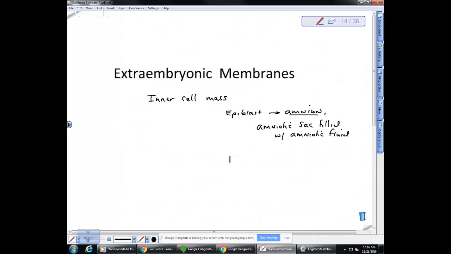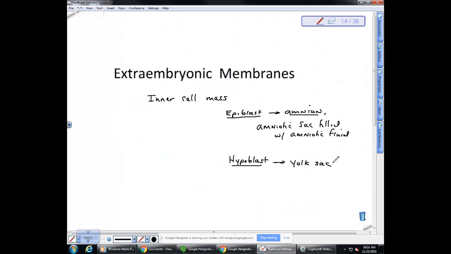And then we also have a hypoblast. The hypoblast is below, and it results in the yolk sac. The yolk sac contains nutrients, but in us, unlike in chickens and other animals that have eggs, it's not our sole form of nutrition.